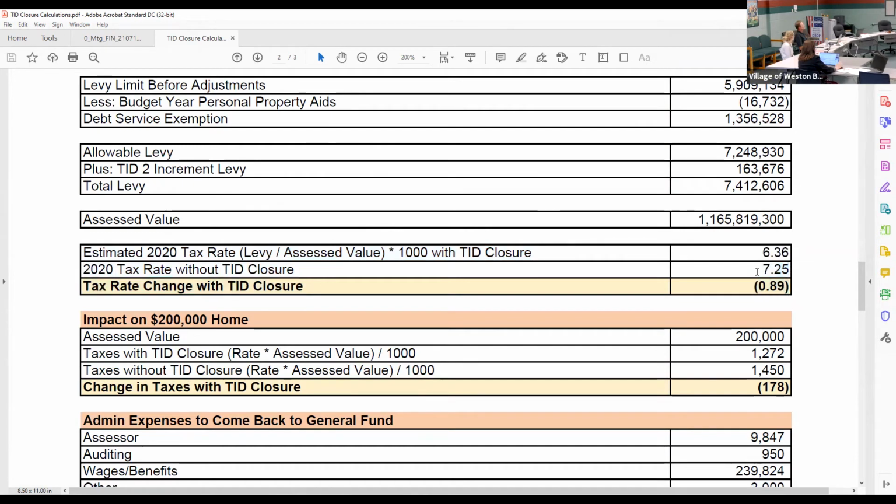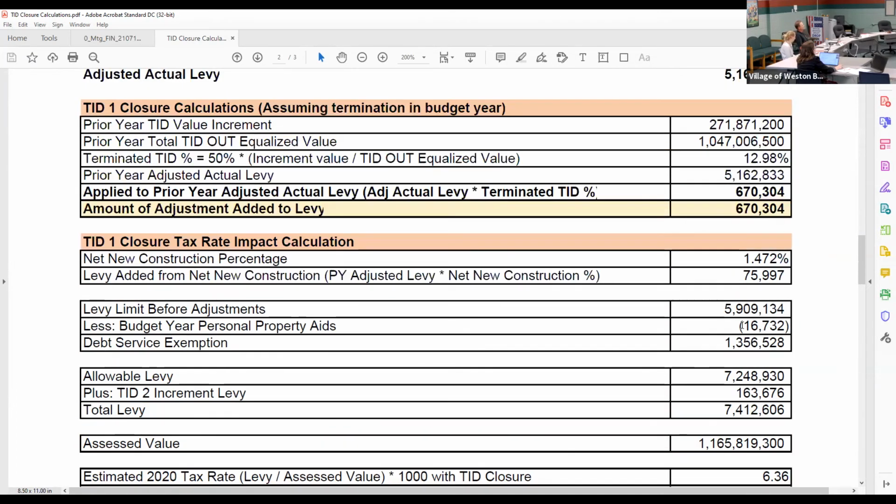So this is what the 2020 tax rate was. And if we were to have closed it, the tax rate would be 6.36 instead of 7.25. So it would be a decrease on a $200,000 home of $178 on their tax bill. But we would have to somehow cover those additional $200,000 of expenses at the same time.